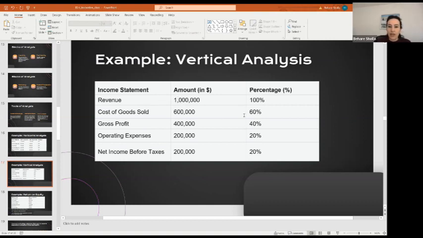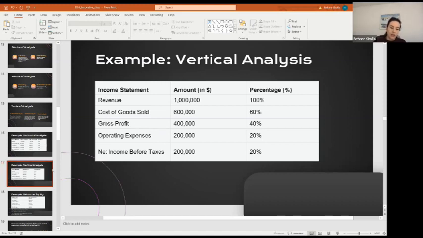So we can say that 60% of the revenues has gone to cost of goods sold, or 40% of the revenues is our gross profit, and all other operating expenses represent 20% of the revenues. And then the net income before the taxes is 20% of the total revenues.